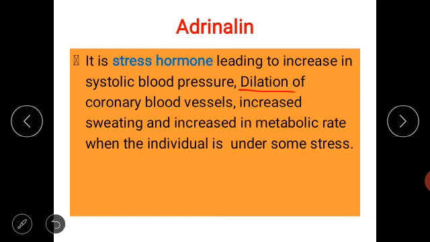Increased sweating and increase in metabolic rate can be seen. So if blood pressure increases, sweating also occurs, and this all occurs because of an increased metabolic rate.